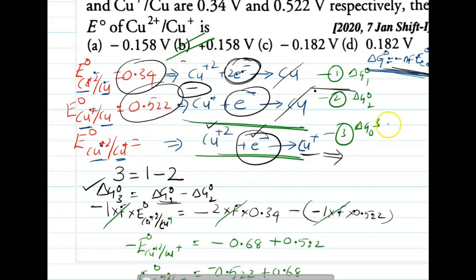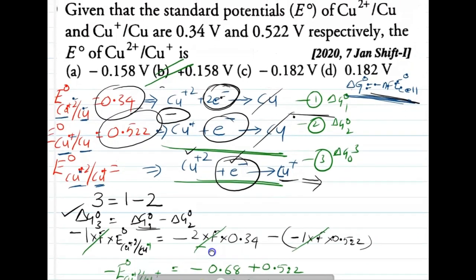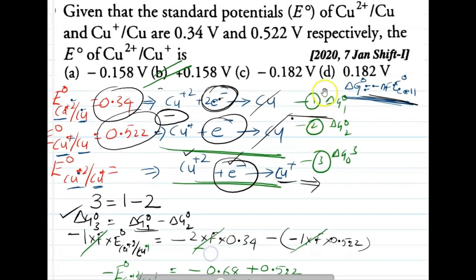So this is how you need to solve this type of question. When you are solving these, you are given only one type of metal, Cu plus 2 to Cu, or any metal with different oxidation states. You need to solve by using this method.